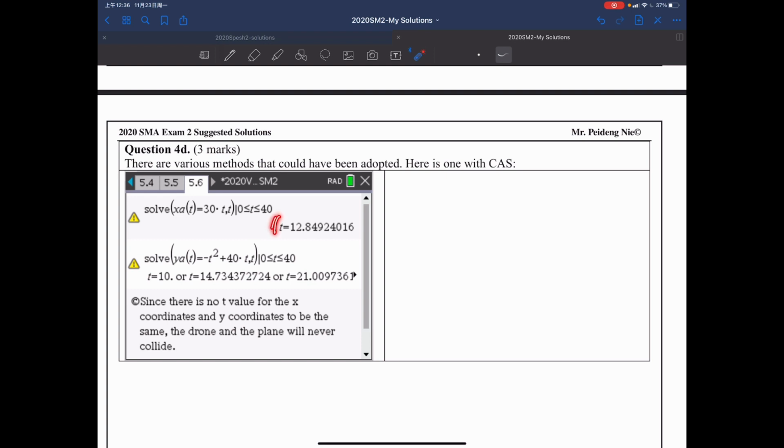From that equation, we obtain a t value. Similar approach for equating the y components, and solving this equation over 0 to 40.